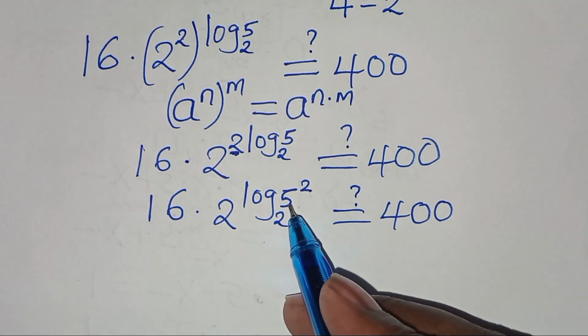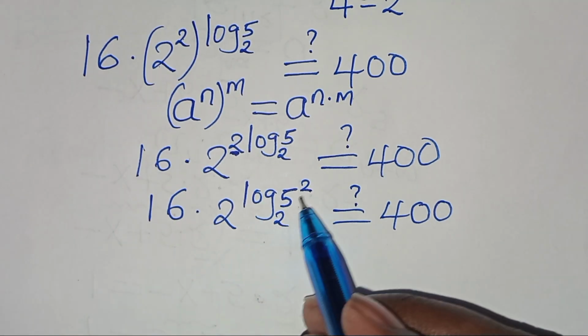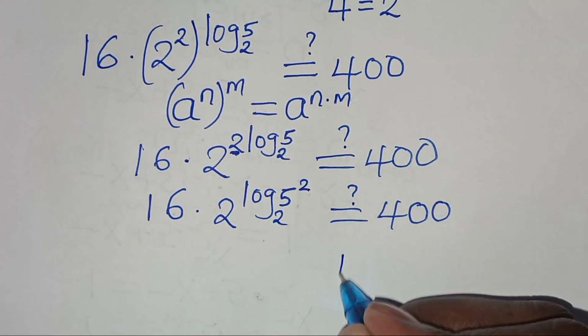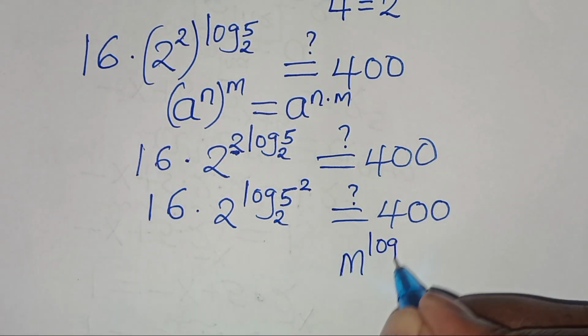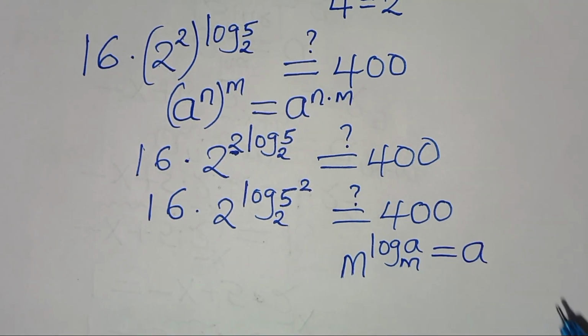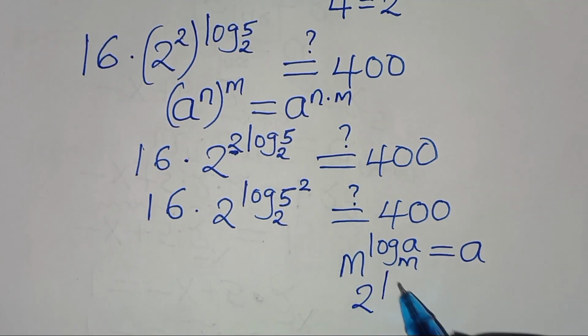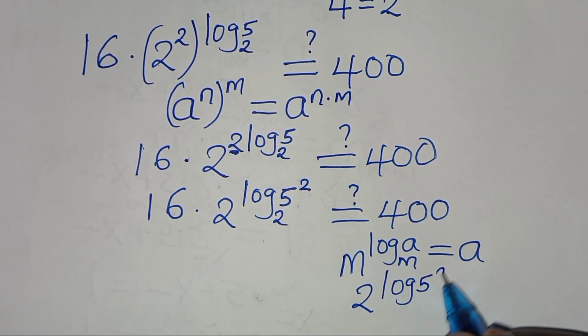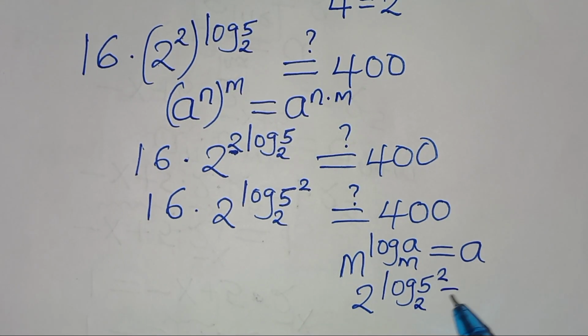Now this implies that 2 raised to power log 5 squared to base 2, this is in the form of m raised to power log a to base m, which is equal to a. So this implies that 2 to power log 5 to power 2 to base 2 is equal to 5 squared.